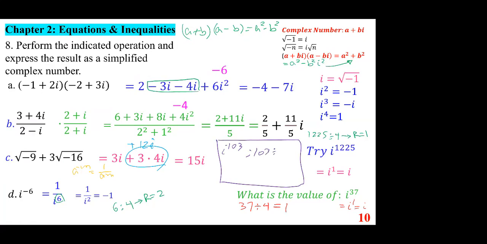103 divided by 4. We don't care what the answer is with the quotient. We are interested in the remainder. It's 3, so it's i cubed. What is i cubed? -i. Okay, everybody? What is i cubed? -i.